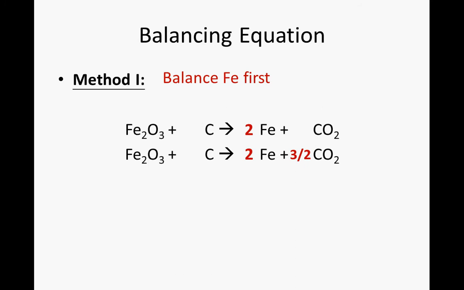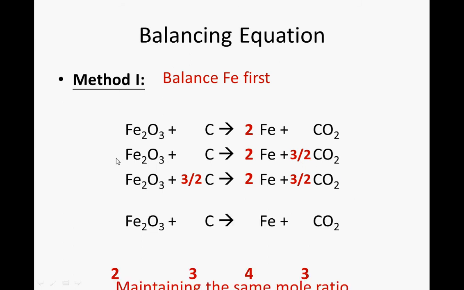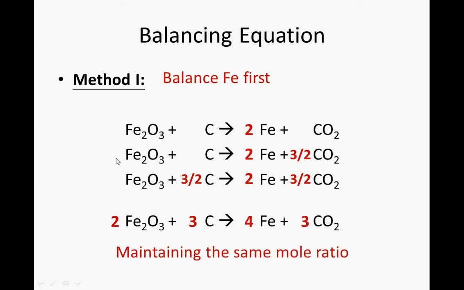Now our carbon is not balanced yet, so we can fix our value here, 3/2 as well, to balance carbon. Now, following the steps, iron, oxygen, carbon, all of them should be balanced now. But we cannot accept fractions in the final answer in the equation, so we can maintain the same mole ratio by multiplying 2 to all the terms.